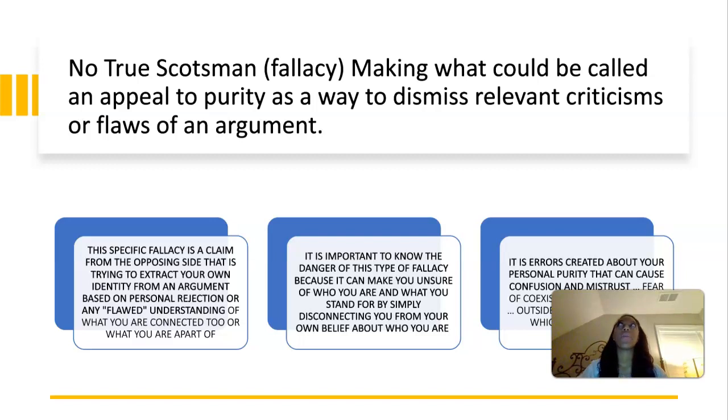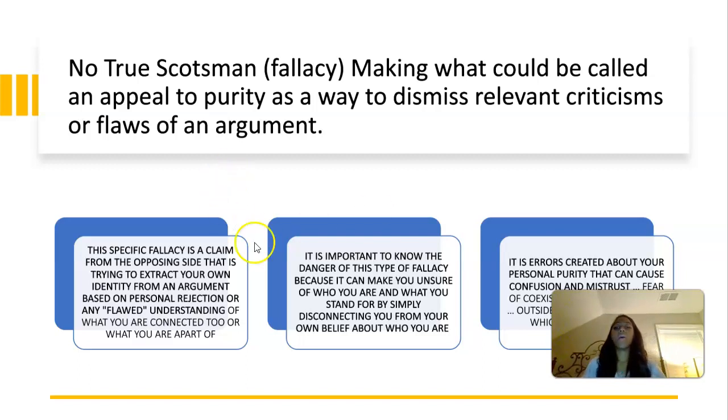What that means to me is the opposing side is trying to tell you that you are not a part of something because you don't fit into category A, B, or C, or you're not doing A, B, C, or you didn't say this, or you didn't look like this, so you can't be a part of this.